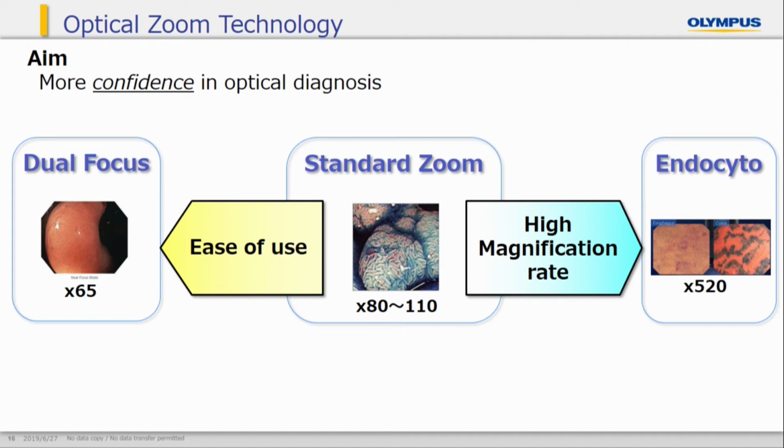And some endoscopists said that the standard zoom is great, but they would like to observe in deeper detail. With that background, we at Olympus have decided to deliver two more functions and technologies. One is dual focus, and another one is endocytoscopy.